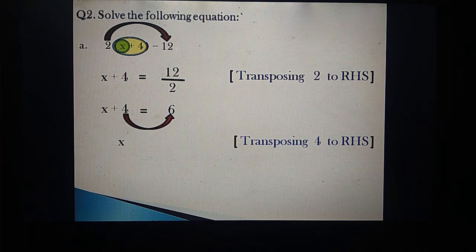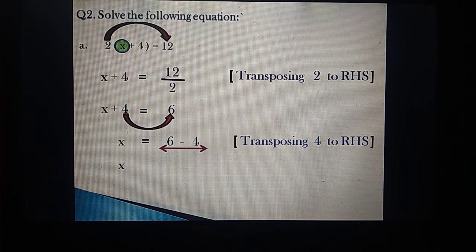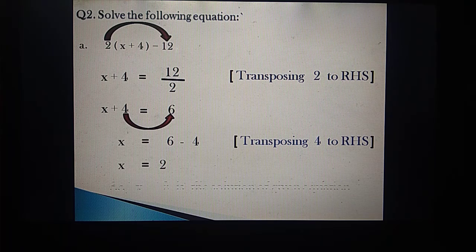You are left with x on the left hand side. On the right hand side, 6 will come, and the new number coming here is minus 4 after transposing. Now solve this right hand side. 6 minus 4 gives you 2. As you can see, only the variable is left in the circle, so this is your answer.